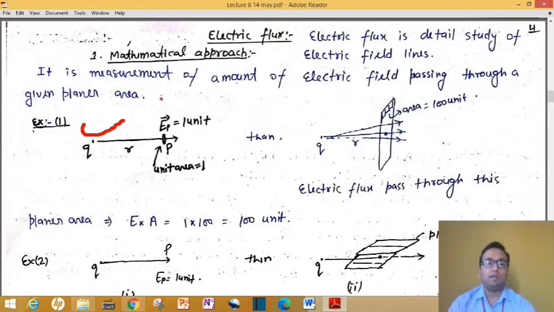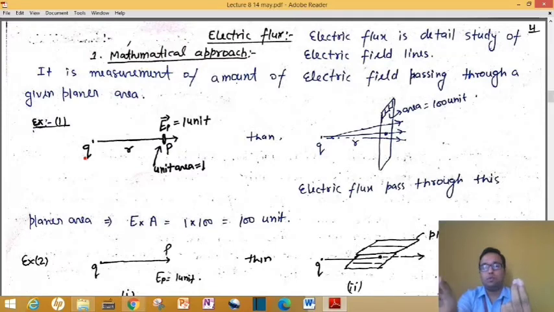Now try to imagine that this is your point charge, kept in air. At this point, due to this point charge, how much is the electric field? You will say kq upon r square. Now what is the direction of that electric field? You will say along this line. Electric field actually exists in all directions, but at this point it is along this direction.